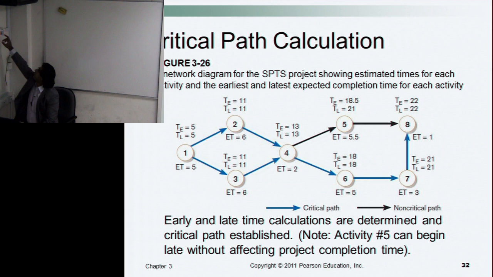Now we have the final activity. This final activity also has how many preceding activities? 2. 5 and 7. So again we will have to compute the earliest time from both activities. For instance, you calculate from here.